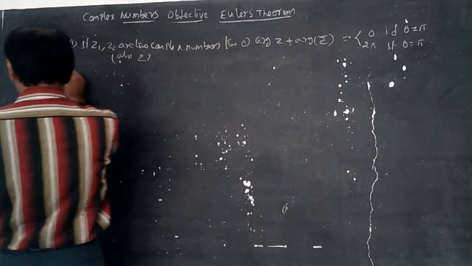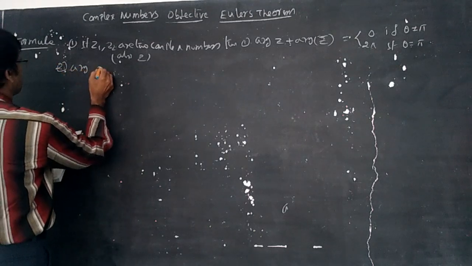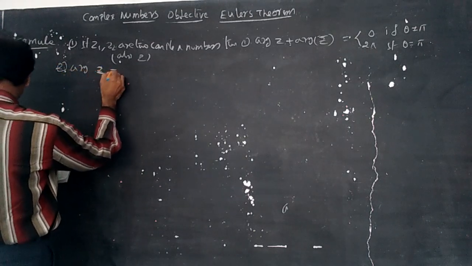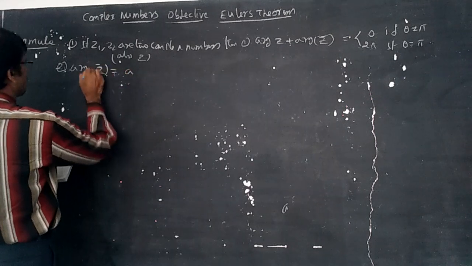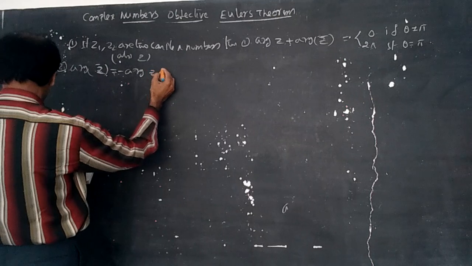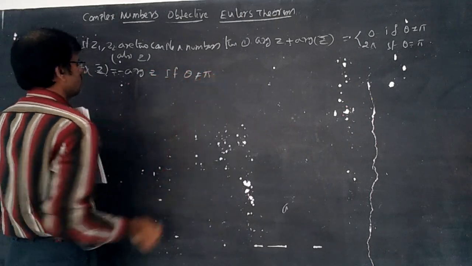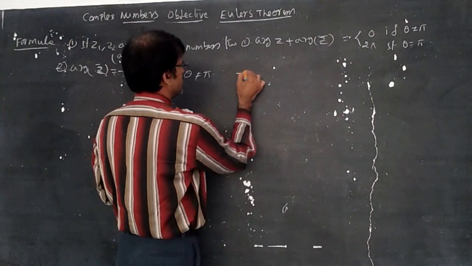Next, the second one: argument z bar is equal to minus argument z, if theta is not equal to pi. Example, students, take minus 1.